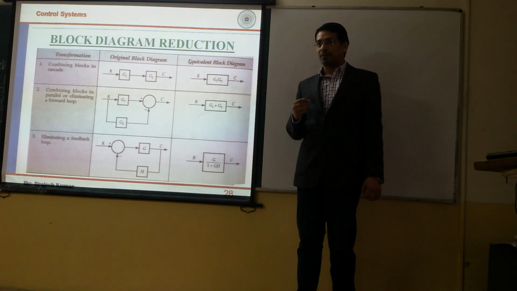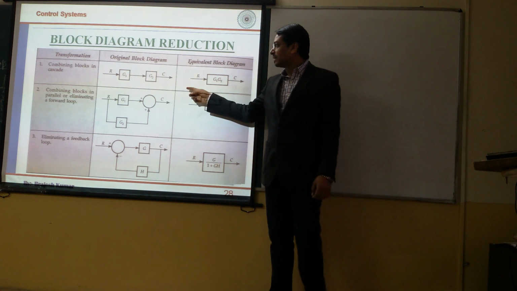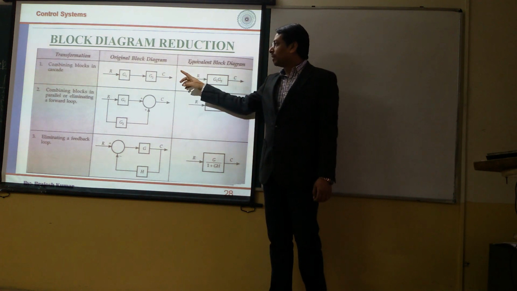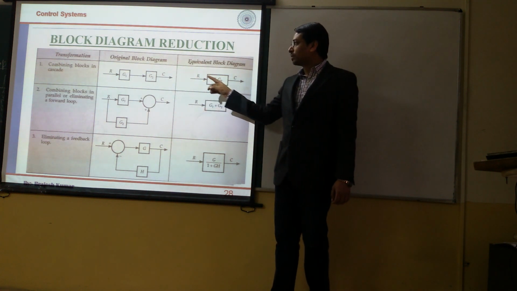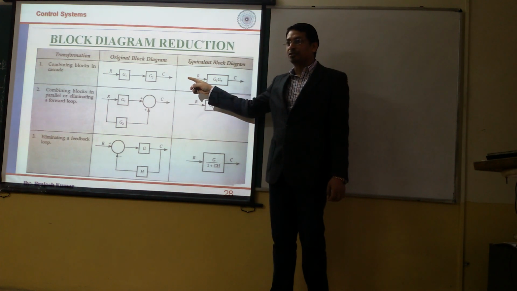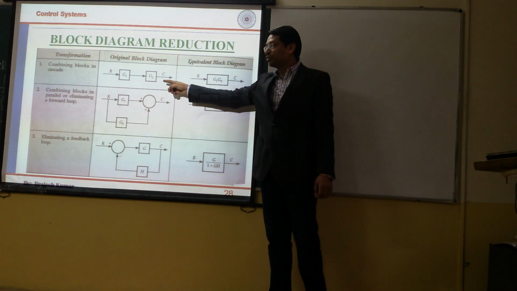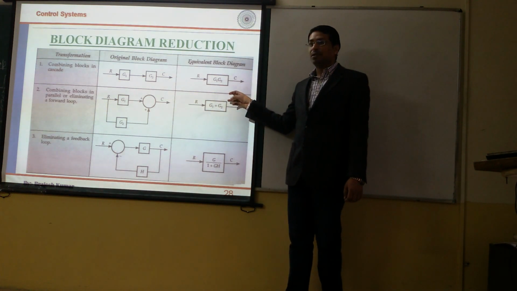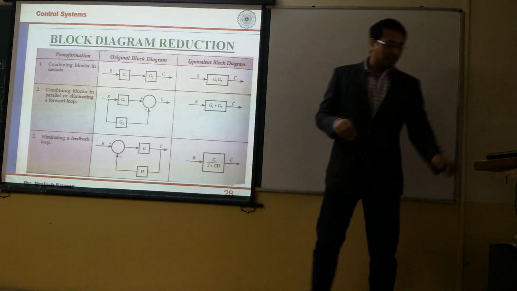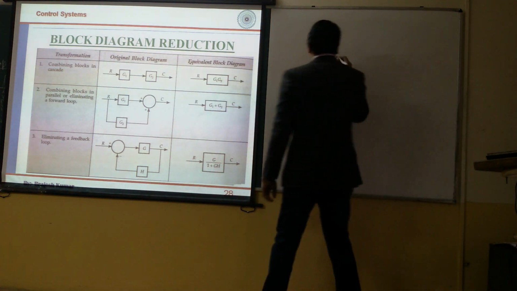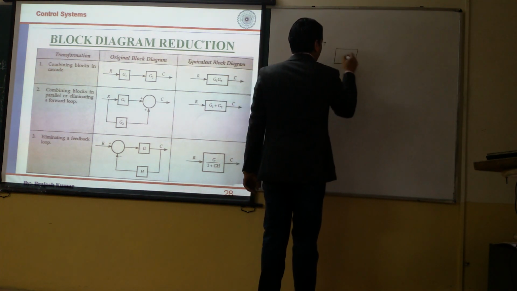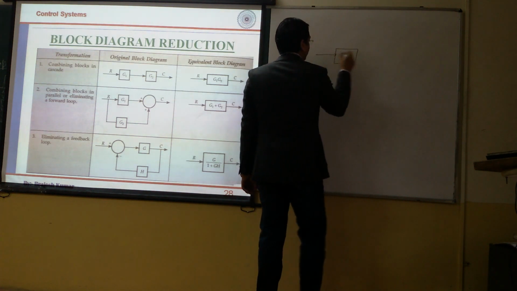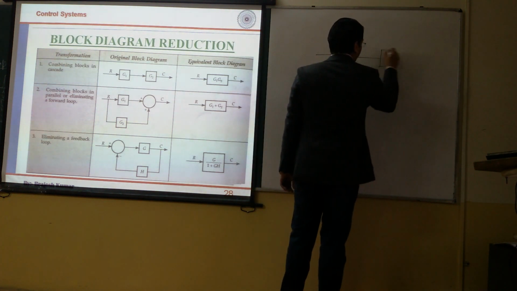So the first rule says that if you have two blocks, combining blocks in cascade or series, what will happen? Here we have G1 and G2 in series. It can be represented as G1 G2. Here it is G1, and here you can take temporary variables C1(s) and G2(s).